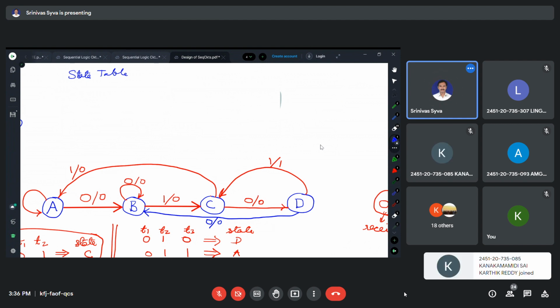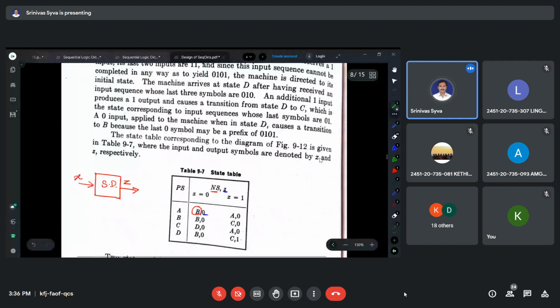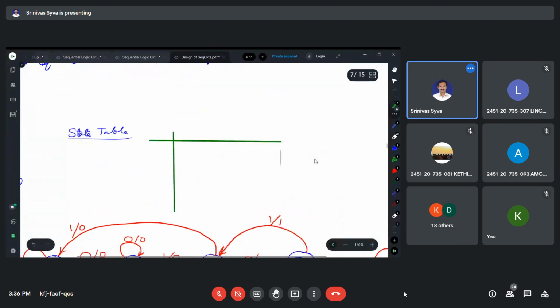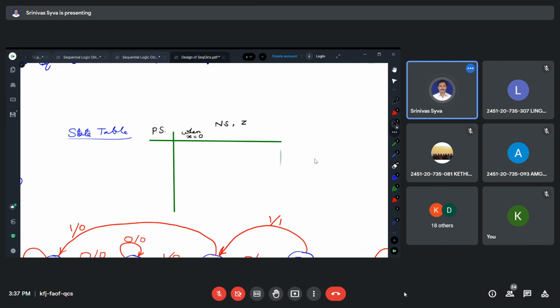In the state table, first we have present state, then next state, and Z. When x equal to 0, when the bit received x is equal to 0, what will happen?